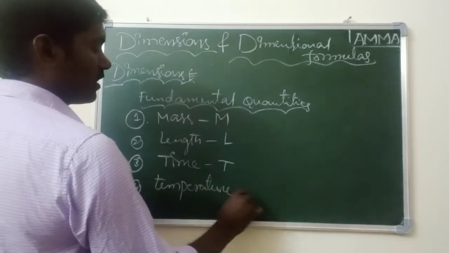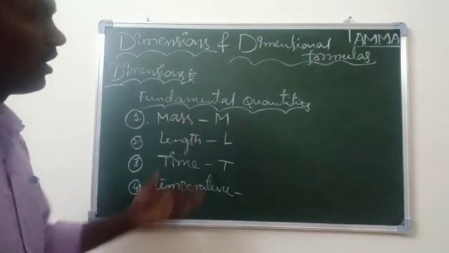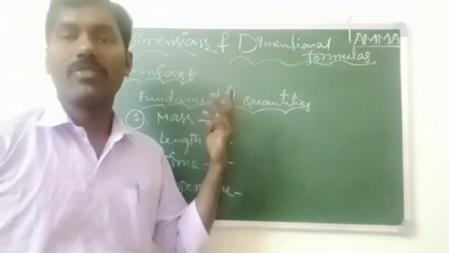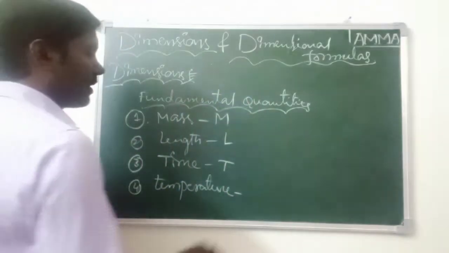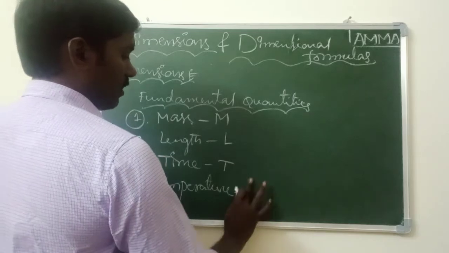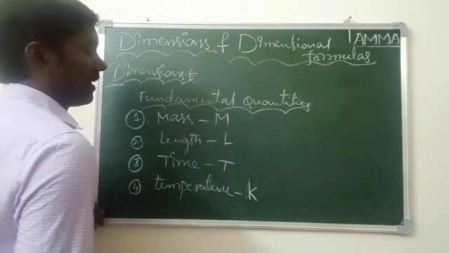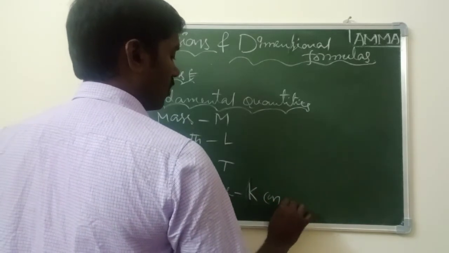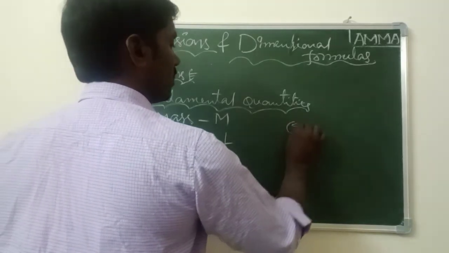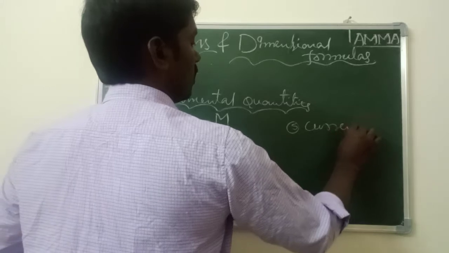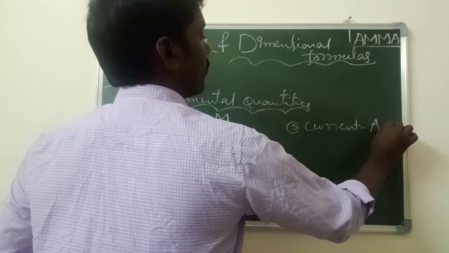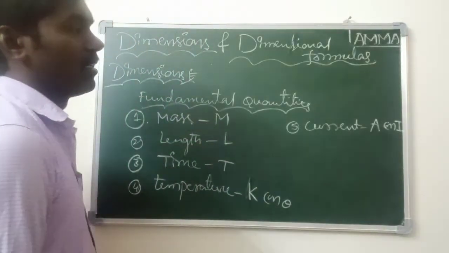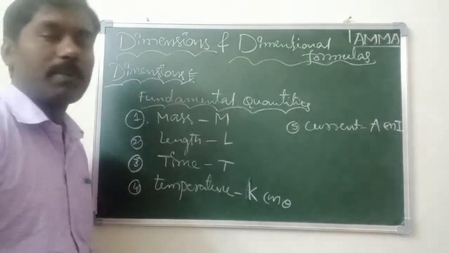We should know all these things; after that only can we understand dimensions and dimensional formulas. Temperature is represented by K or theta. The fifth one is current, represented by A for ampere; in some textbooks current is also represented by capital I.